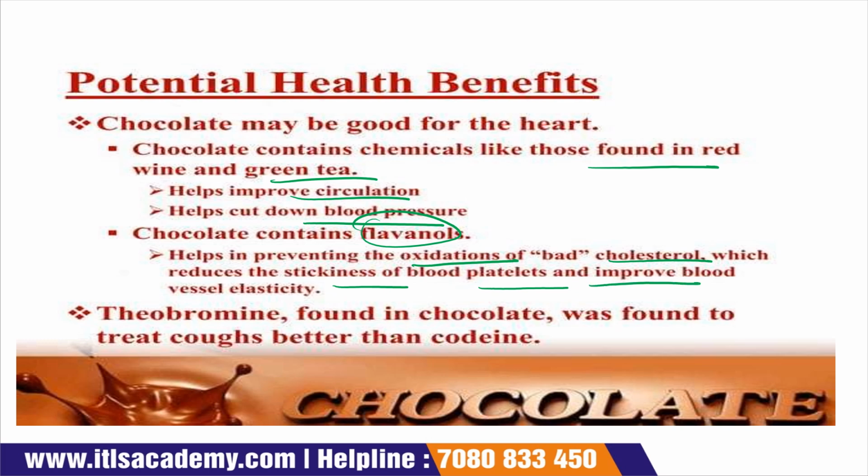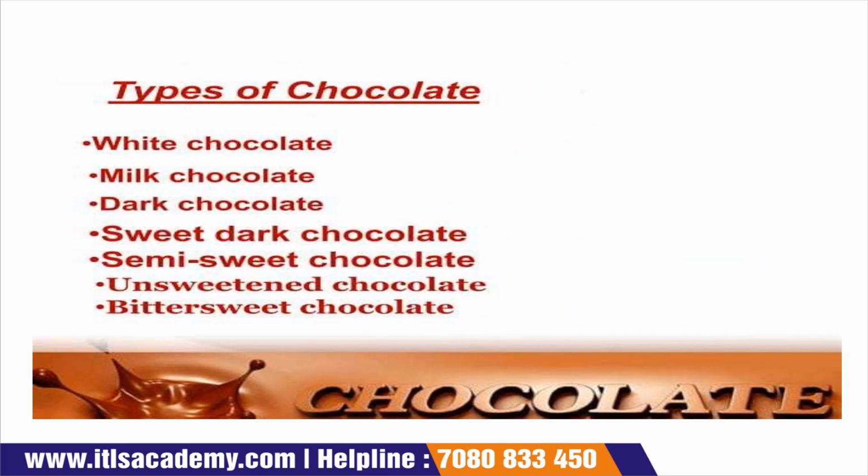Theobromine is found in chocolate and is used to treat cough better than codeine. Codeine is a cough treatment syrup, but chocolate is better for cough treatment because it contains theobromine. Now come to the next slide.